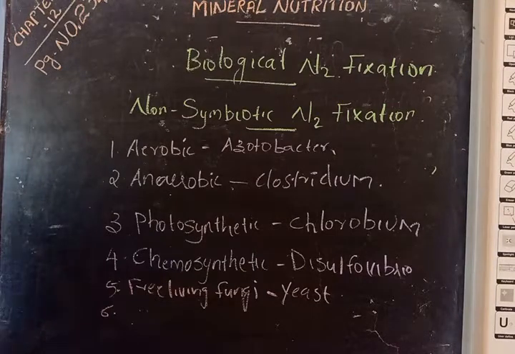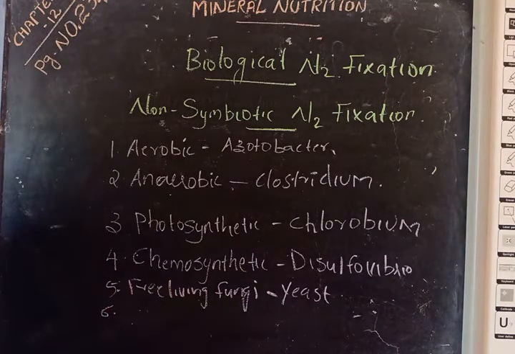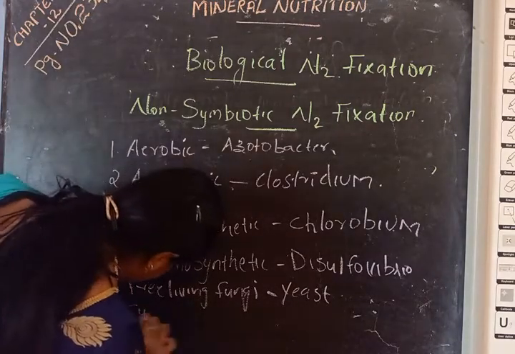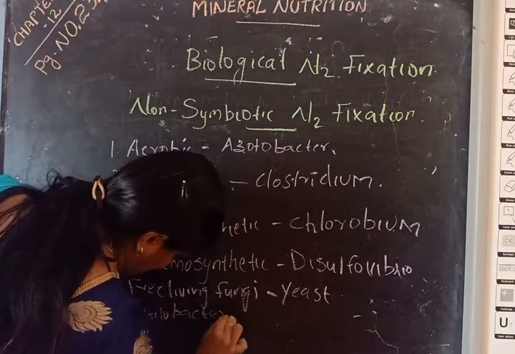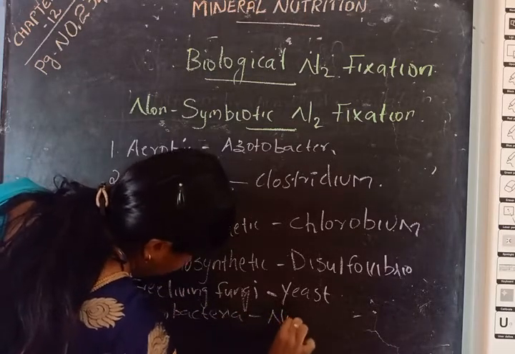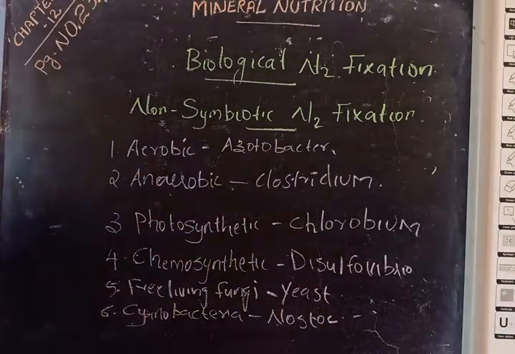Then last, cyanobacteria. We already found so many cyanobacteria, like Nostoc, Anabaena and Oscillatoria. So these are about non-symbiotic nitrogen fixation.